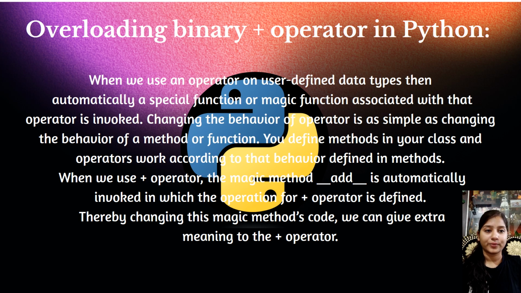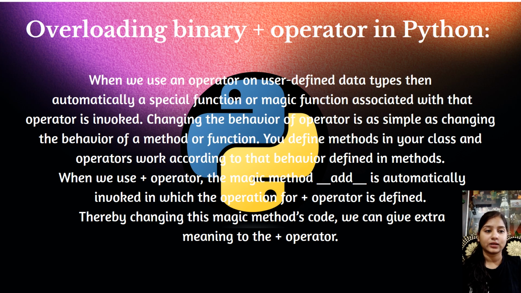When we use an operator on user-defined data types, then automatically a special function or magic function associated with that operator is invoked. Changing the behavior of an operator is as simple as changing the behavior of a method or function.